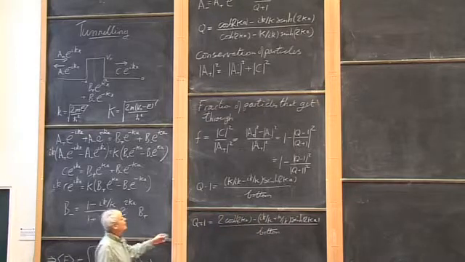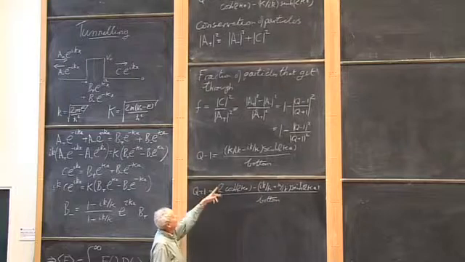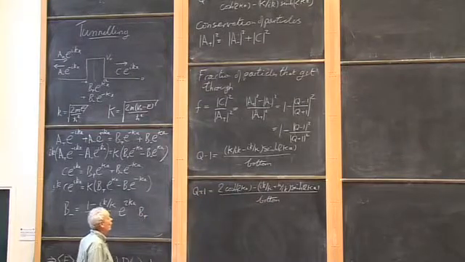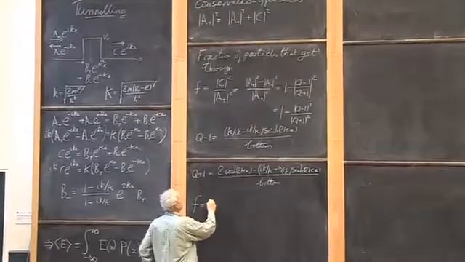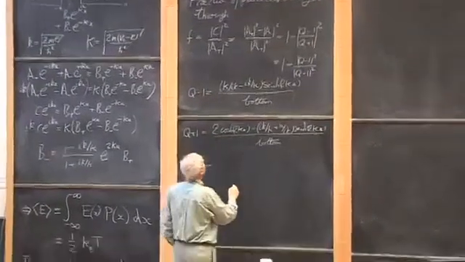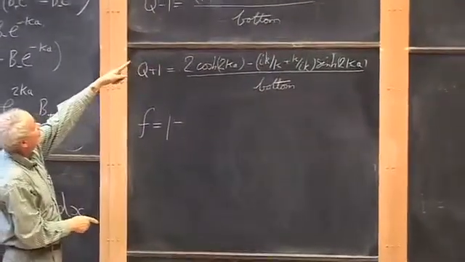So what we need to do now is take the mod square of these two numbers, ratio them, and take it from 1. So the fraction that gets through is going to be 1 minus, so the top of that is completely imaginary, it's pure imaginary.